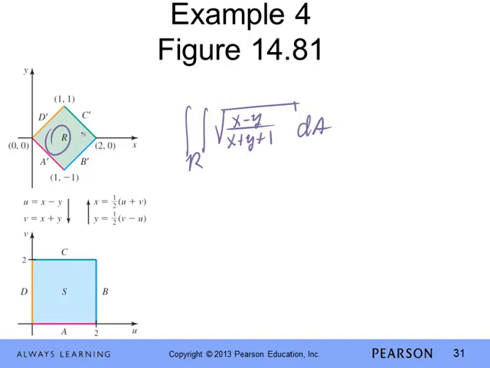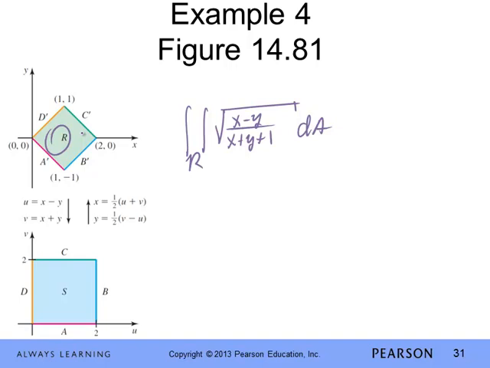And not only that, this is a pretty nasty integrand, huh? At least with the previous one, we at least had some remote hope of doing it straightforward. This one, you can't even hope to do it in a straightforward way. So you have to do some sort of substitution.